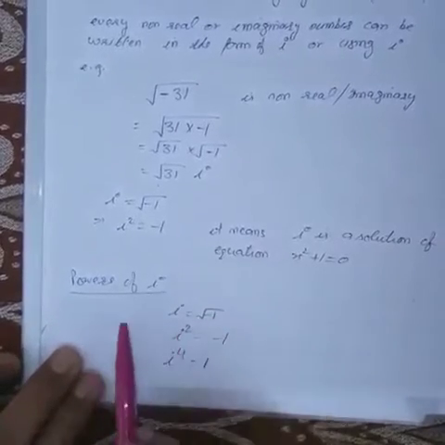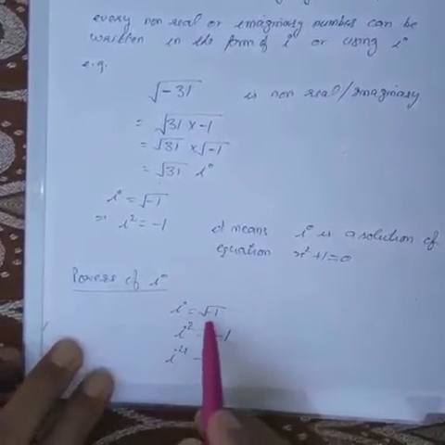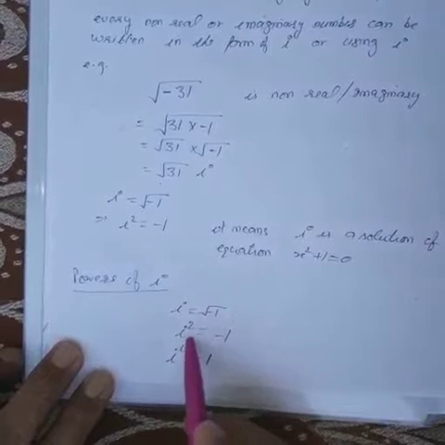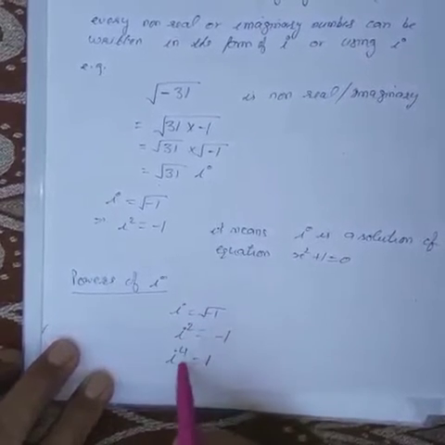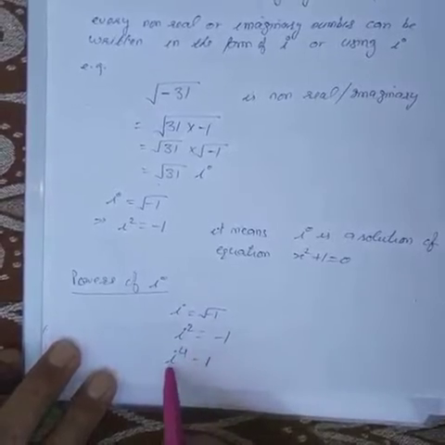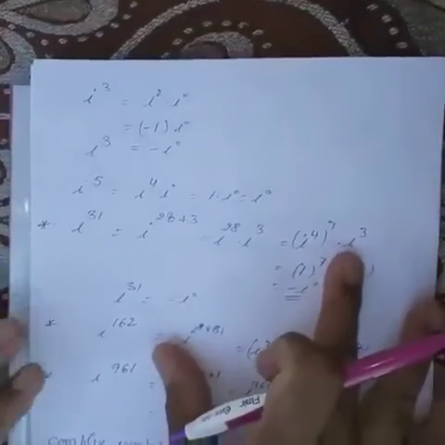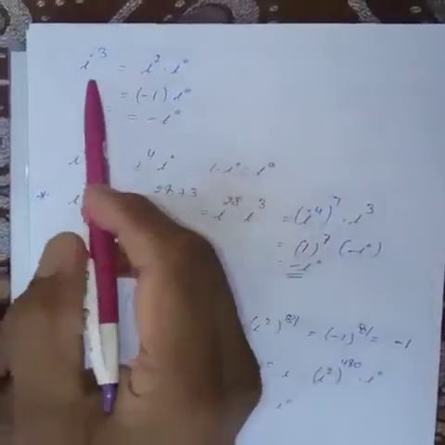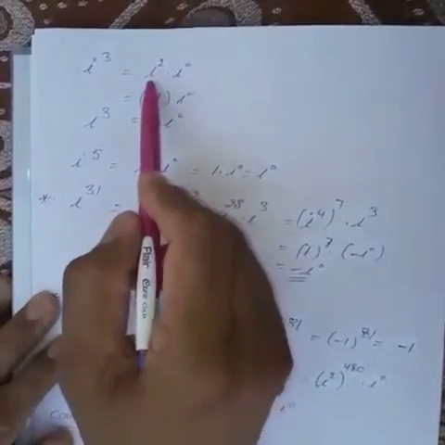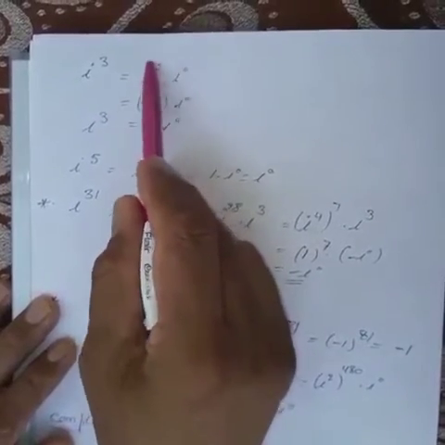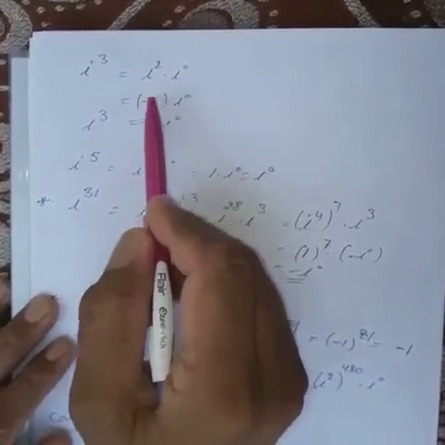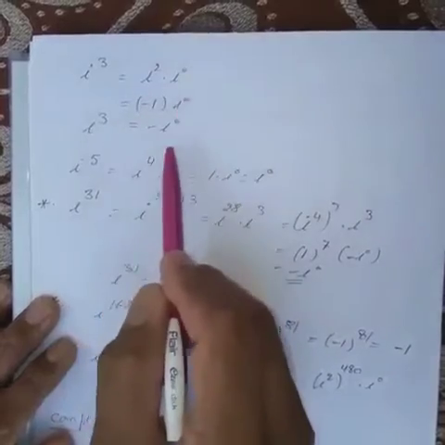In the powers of iota, we know iota is √-1. Iota square is -1. Now if you square it again, we will have iota raised to the power 4, and it is equal to 1. Try to find out the value of iota cube. Iota cube can be written as iota square into iota, and replace iota square. Iota square is -1. So therefore -1 into iota is minus iota.